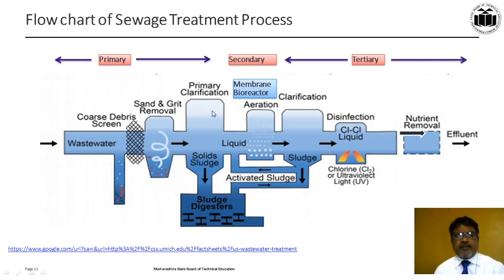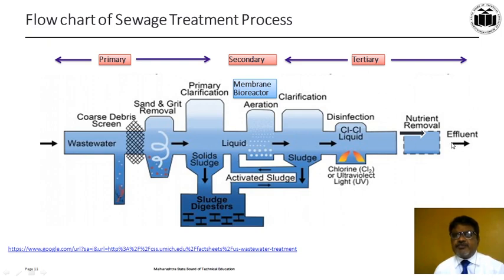Now from the primary settling tank to aeration and clarification, meaning the secondary settling tank, these two units come under the secondary treatment, and then the disinfection and nutrient removal processes come under the tertiary treatment.